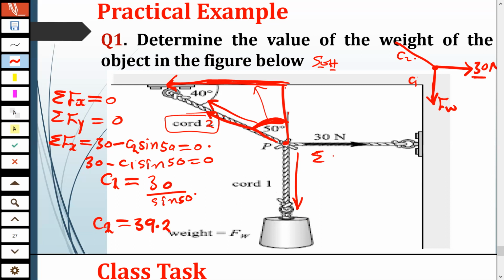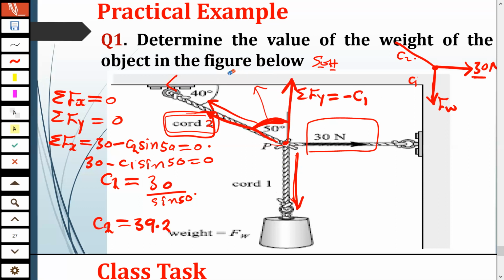So let us also find the summation of forces in the Y. This cord is only in the X. We don't have a y component of this cord. So we find the y component of cord 1. So cord 1, the y component is pointing towards the negative y. So we say negative C1. And then in the y, the y component of cord 2 here is simply just this side there.